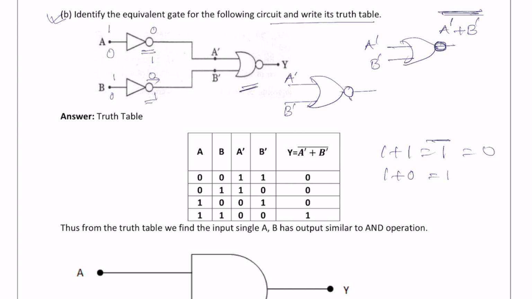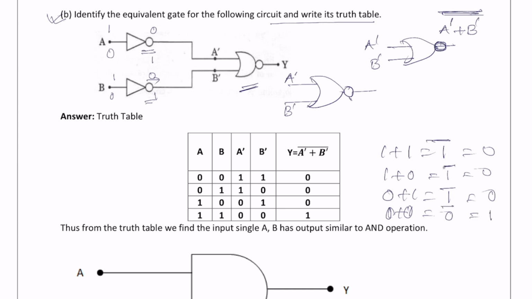But because of this NOR gate, which simply adds the signals, but because of the NOT on OR, it becomes 0. Similarly, 0 plus 1 is actually 1, but with the NOT, it is 0. Then 0 plus 0. 0 plus 0 is 0. The sum is 0. If you negate it, then it becomes 1.